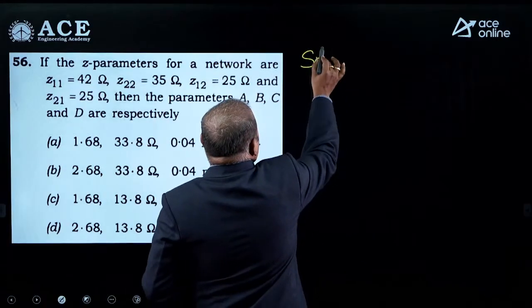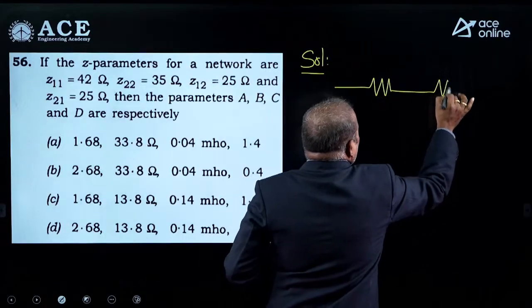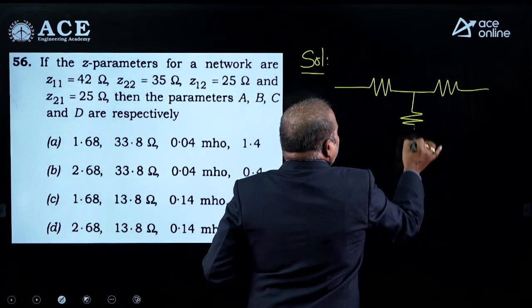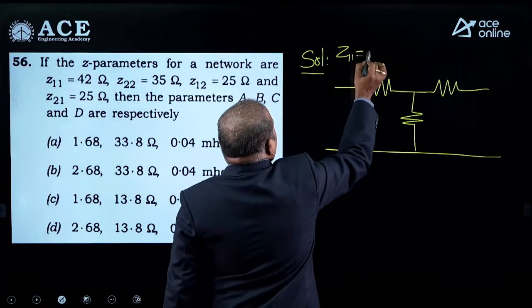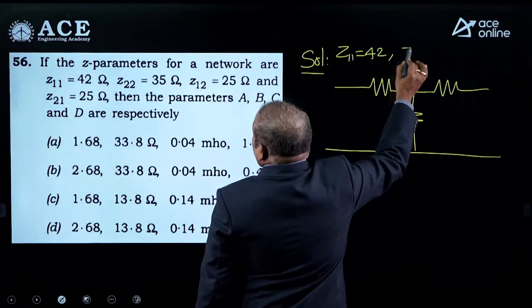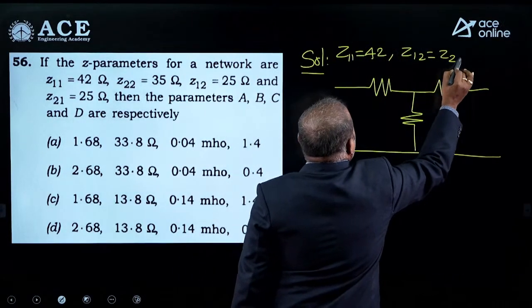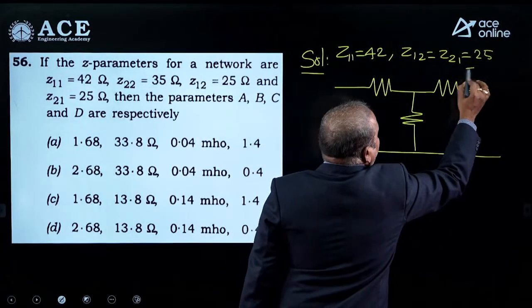Here in the solution, I can make this a T network since it is reciprocal. Z11 is equal to 42, Z12 equals Z21 is equal to 25, and Z22 is equal to 35. Okay.